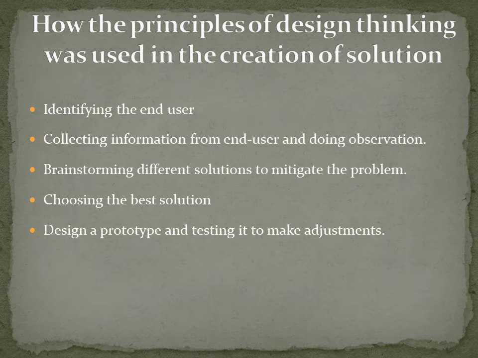And after I did the prioritization, choosing the best solution to mitigate the problem so that it can't continue to persist in the community. The design thinking process was also used in designing the prototype and testing it to make adjustments.